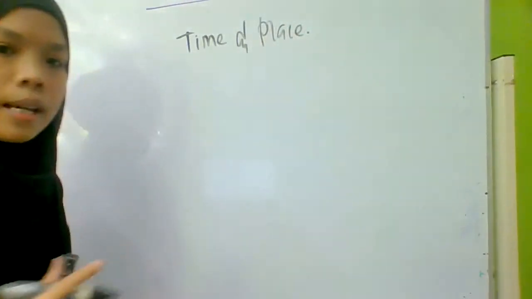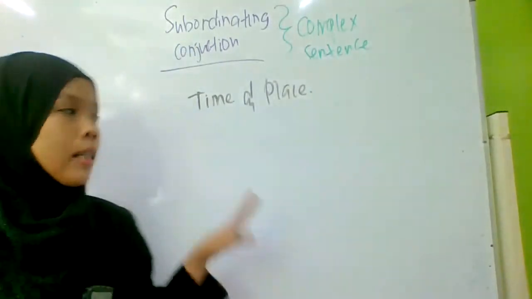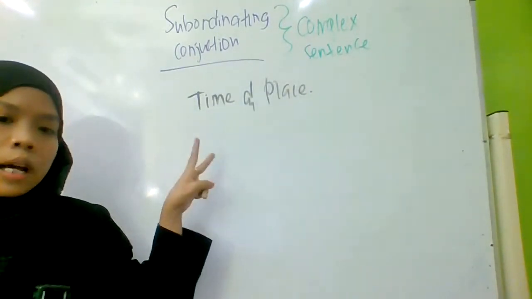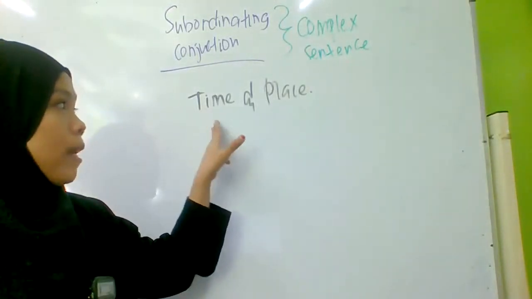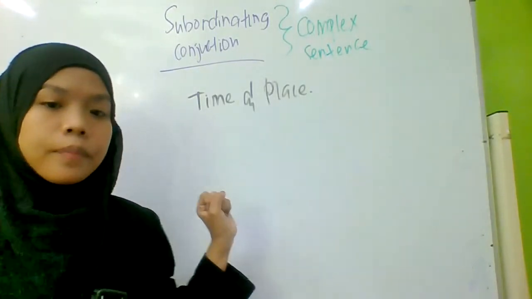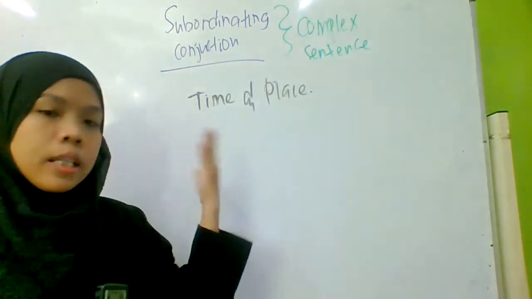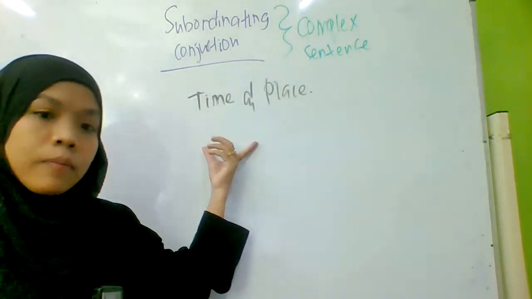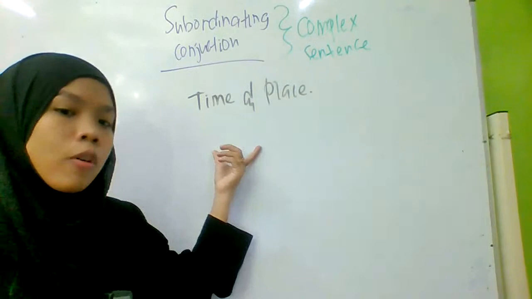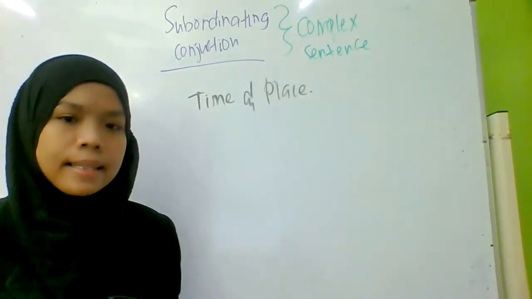The other function of subordinating conjunctions is to show a relationship between two clauses involving a transition of place or time. The function just now was about cause and effect. Now this function also involves a transition of time or place.